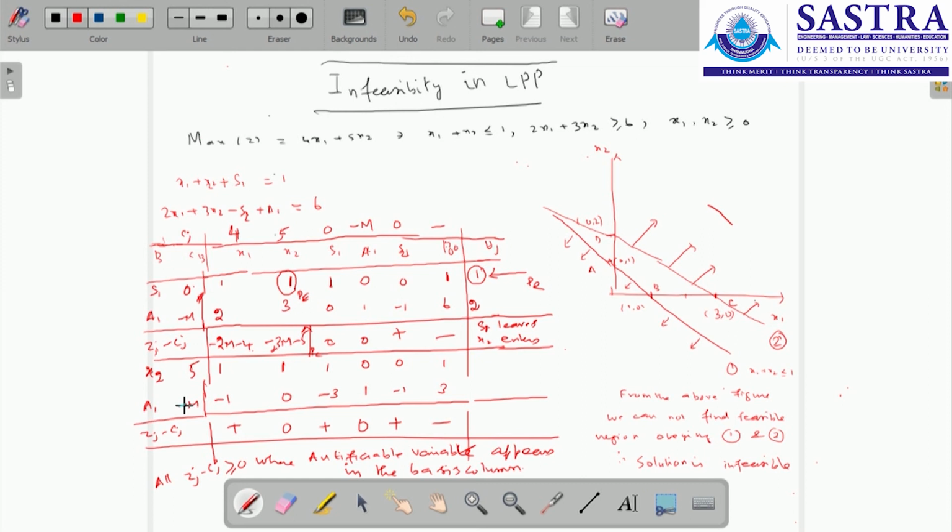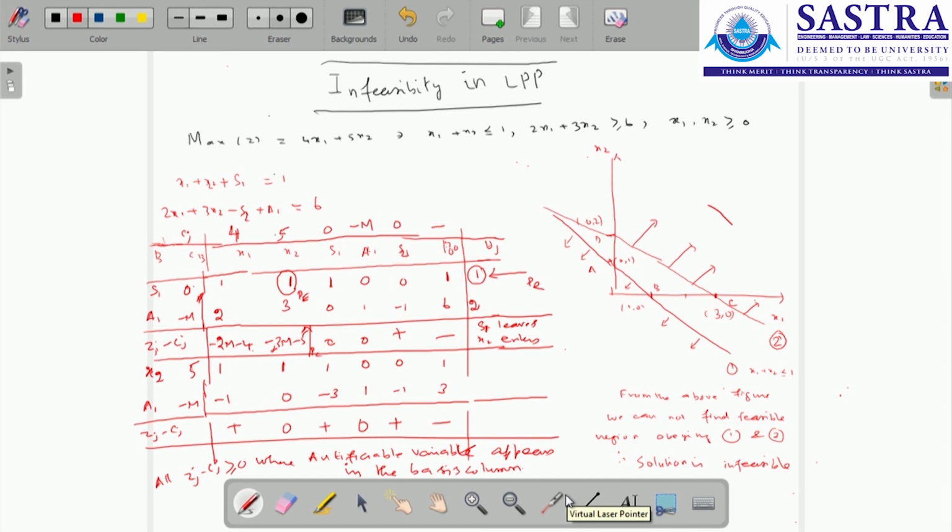So we have now proved the infeasibility in linear programming through two methods. One is the graphical method that we saw earlier, and one more is the simplex method. In the simplex method we have introduced artificial, surplus and slack variables.